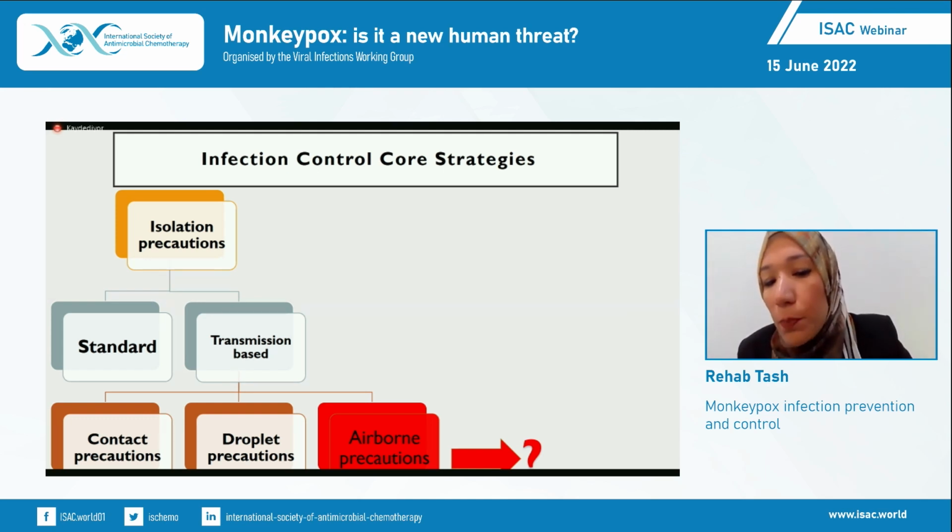However, full airborne precaution is mandatory if you suspect a varicella zoster infection until excluded. Also, if the healthcare worker is going to perform an aerosol generating procedure, it's time for full implementation of airborne precautions.